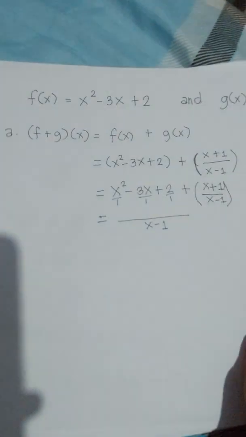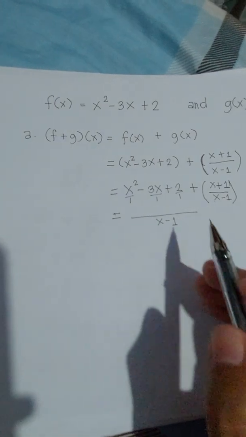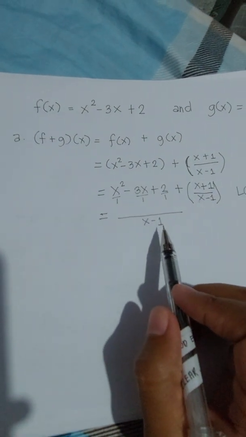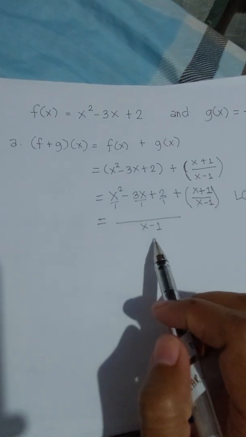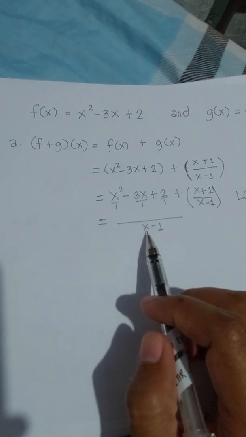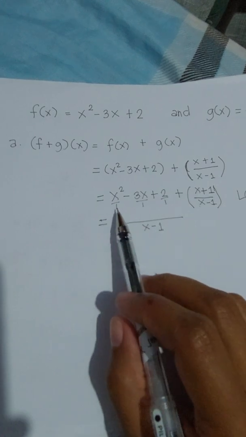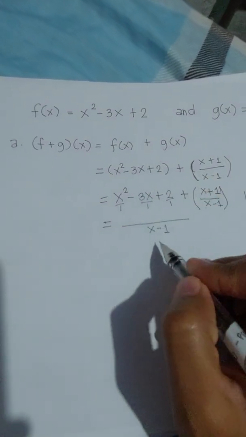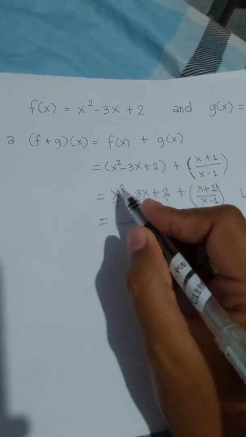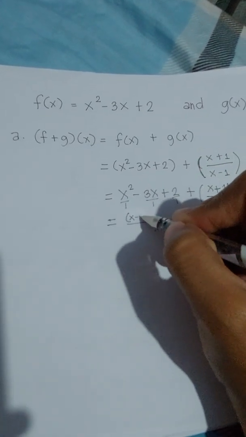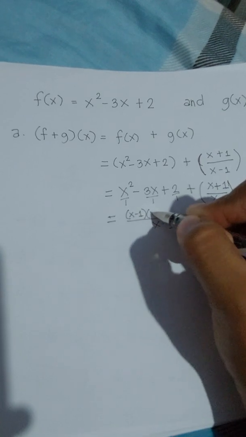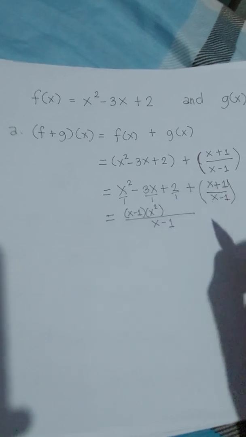Okay, I hope you can still follow. Then, remember that in order for us to solve this one, we need to follow like this. X minus 1 divided by 1 is x minus 1. Multiply with the numerator x squared. So we have to write x minus 1 times x squared.